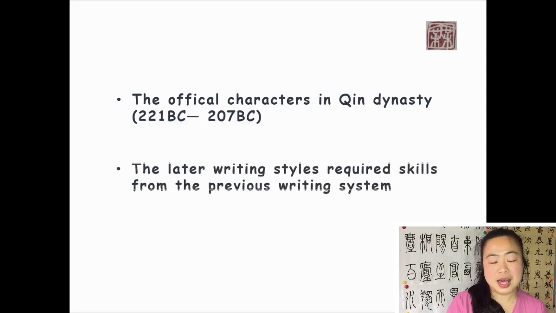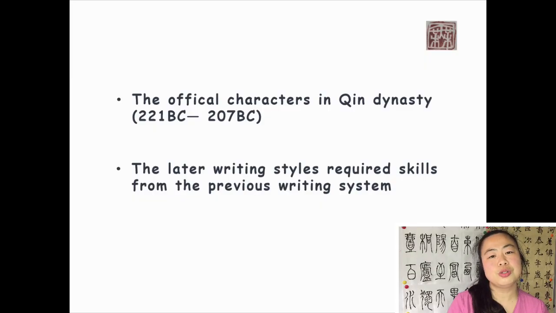Okay, and the reason why 小篆 is the easiest is because the later writing styles required the skills from the previous writing system. So we know that the current writing systems like the 隶书 and the 楷书 were developed from 小篆. Oh, sorry.